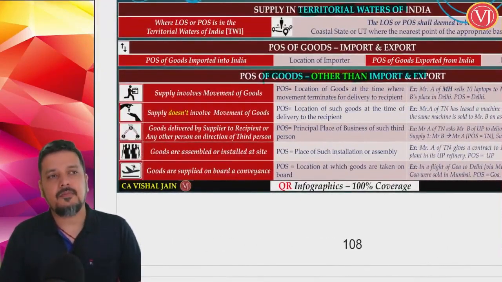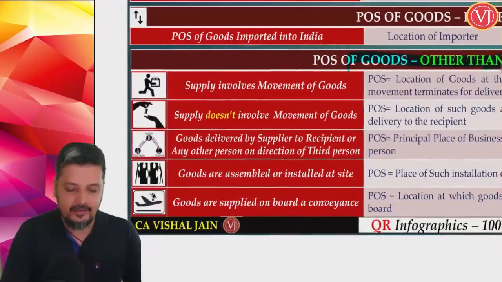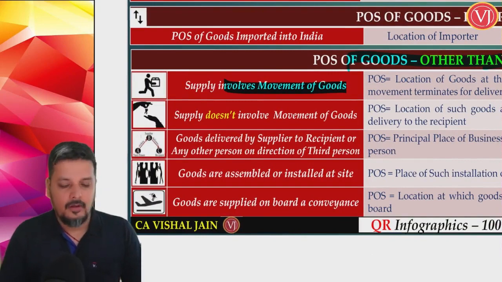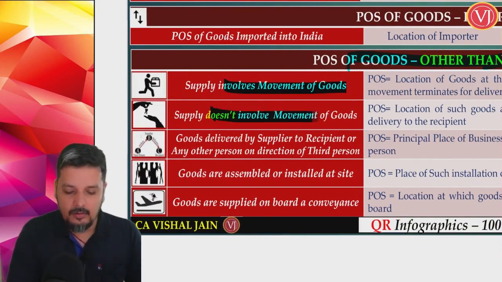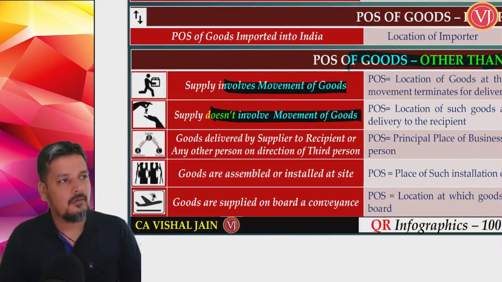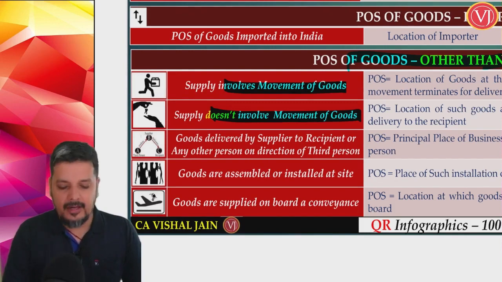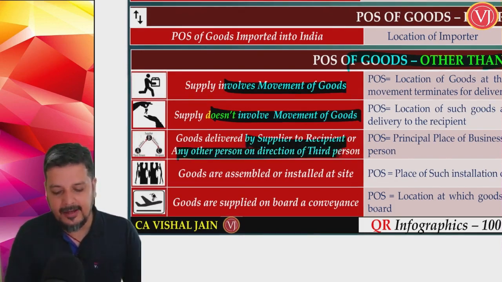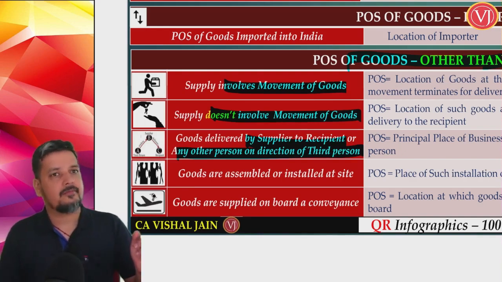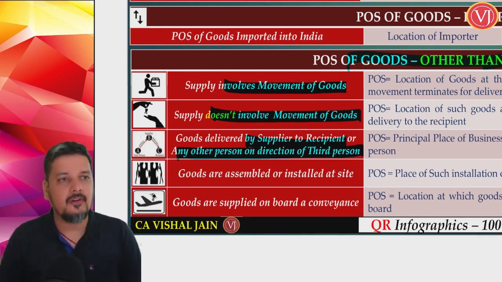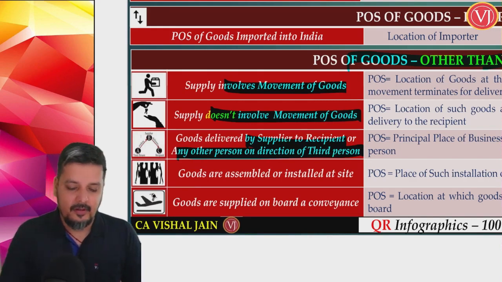Now, we'll see the categorization here: where supply involves movement of goods, where there is supply but there is no movement of goods, or where goods are delivered by supplier to recipient or any other person on direction of a 3rd person.